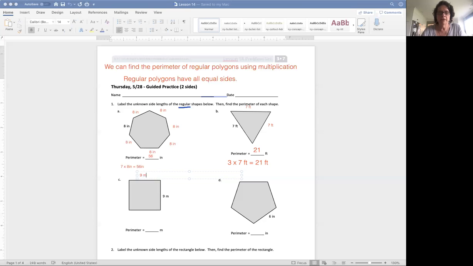If one side is 9 meters, then the other sides will be 9 meters. And then come down underneath your answer spot and go ahead and write your number sentence.